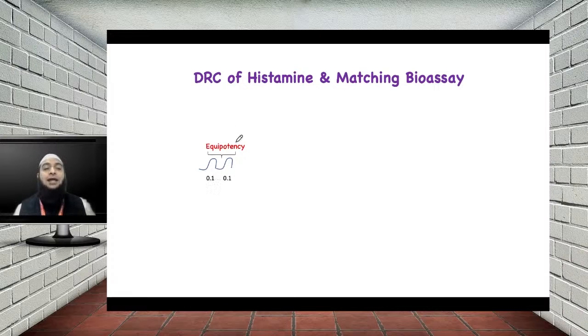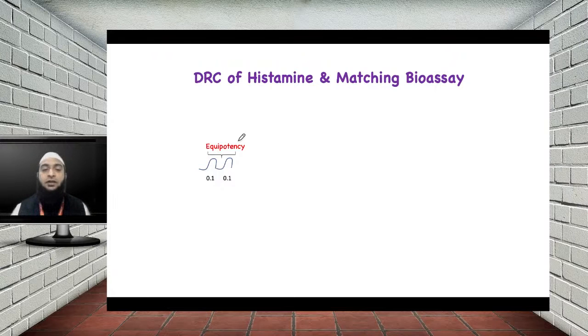That is called equipotency. Secondly, since you have checked the equipotency, it indicates that your tissue is stable. It means your tissue can give you reproducible responses. If you give 0.1 ml, both the same dose, and it gives the same response, it clearly indicates that your tissue is giving reproducible responses.